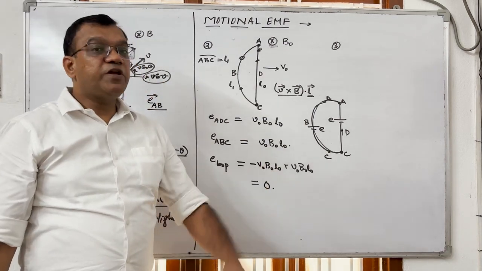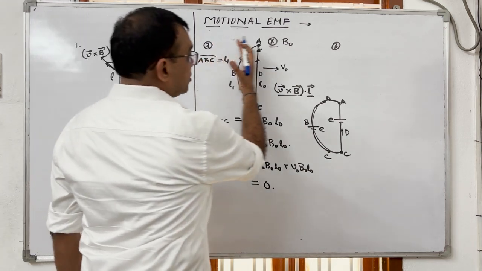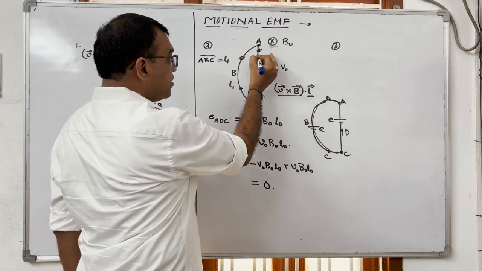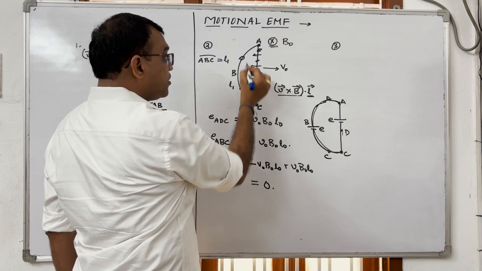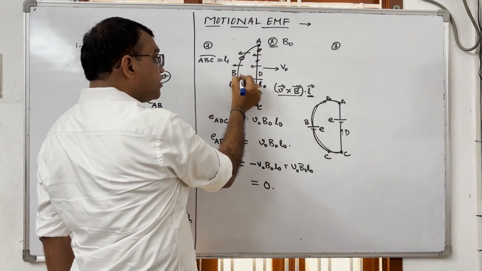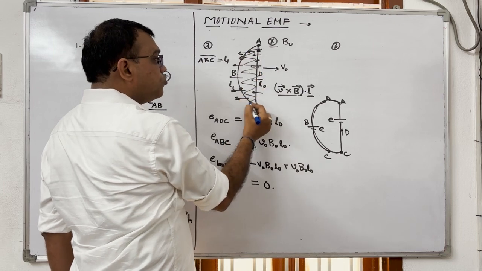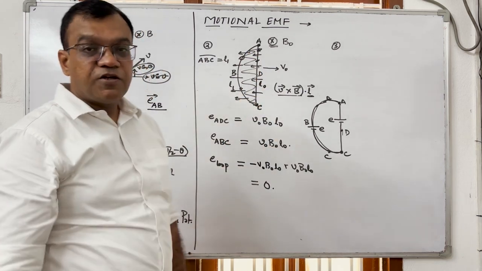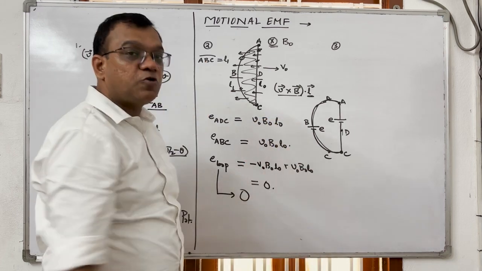Now there is one very easy way also to tell this. As it is moving, from here some field lines will enter and an equal number of field lines will pass from here. The flux linked with this loop is constant. So EMF induced in the loop will be 0.